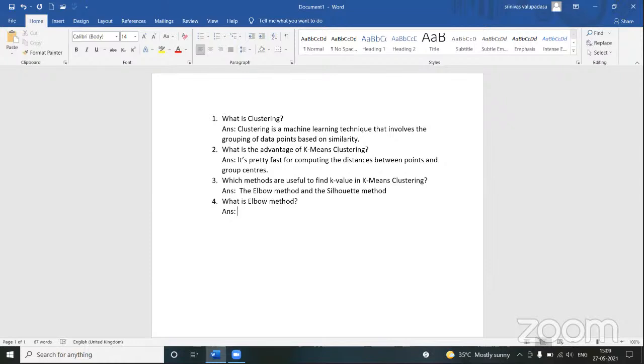So we can write like this: in cluster analysis, the elbow method is used in determining the number of clusters in a data set.